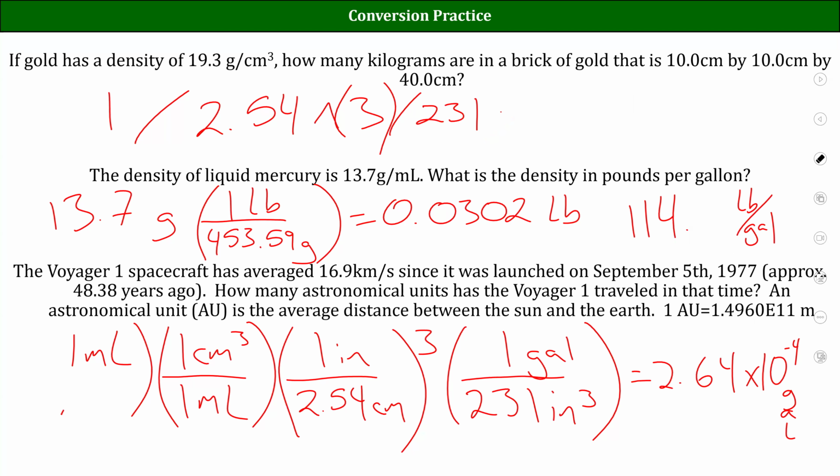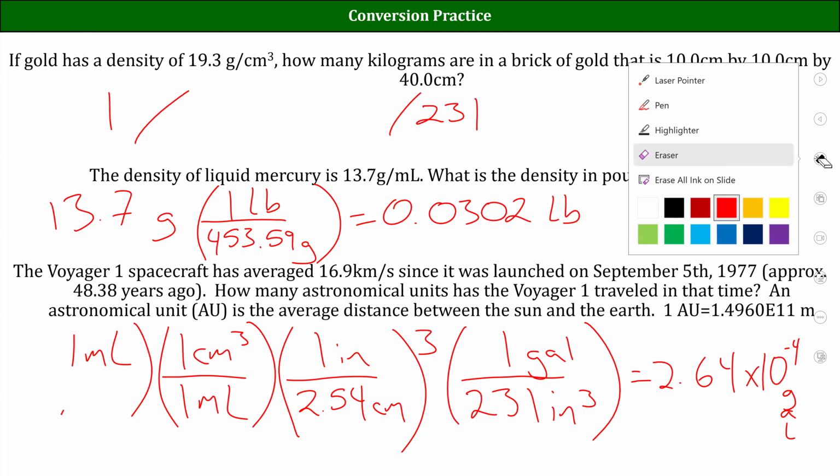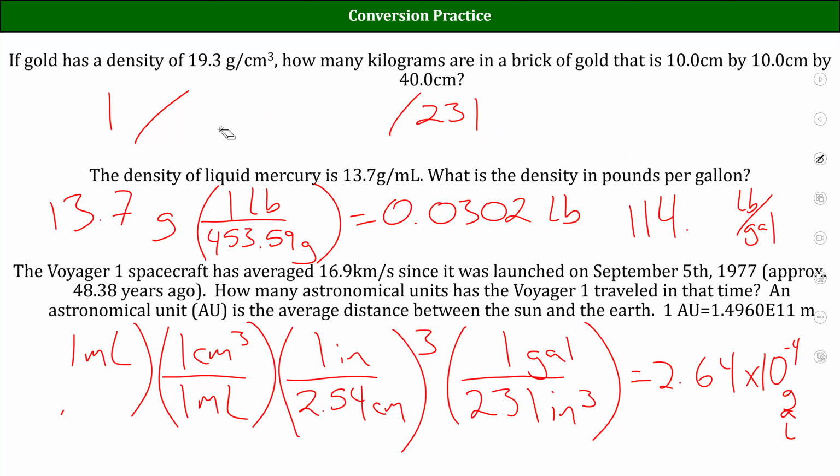So what is 2.54 to the third? 16.387. Then enter it in like that, don't do the exponent first. When you do this, you should still get 0.000264.